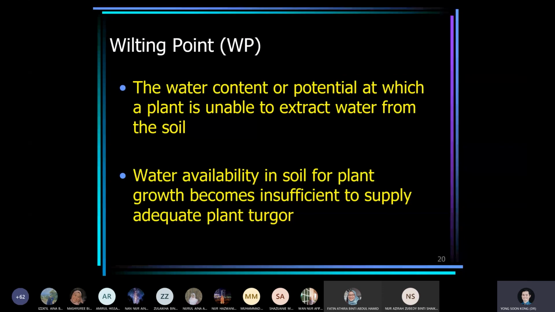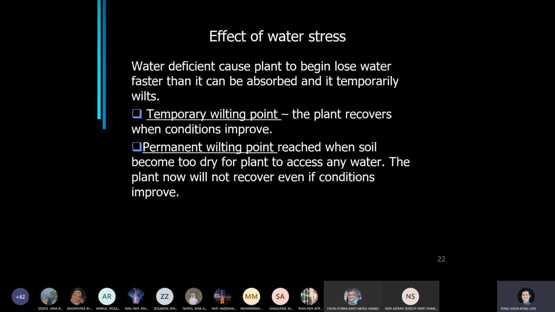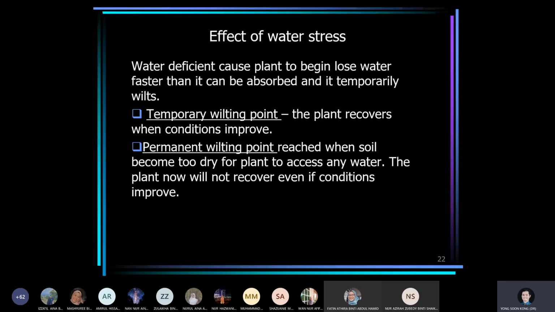I think I jumped a little bit and I told you all about these 3 points. So you can read this description by yourself. I don't think I'm going to explain all of it, but the points are still here.